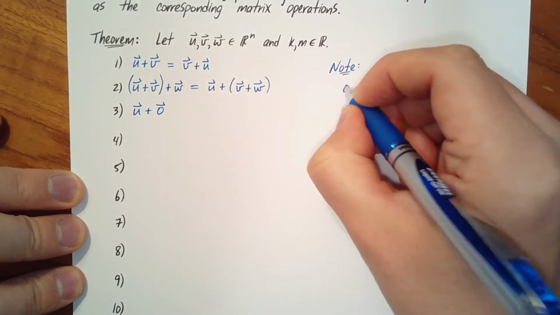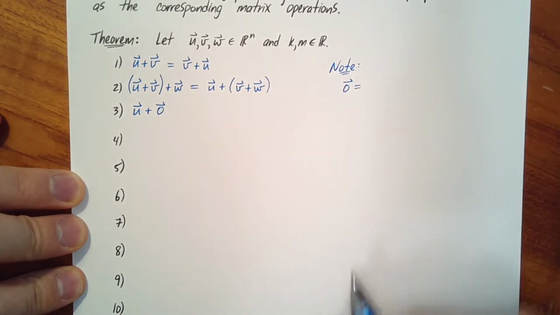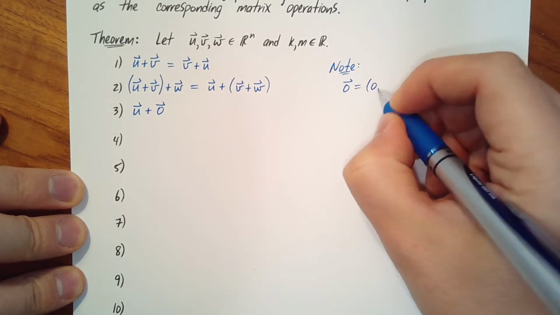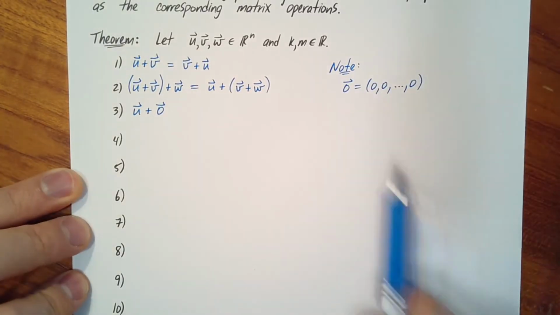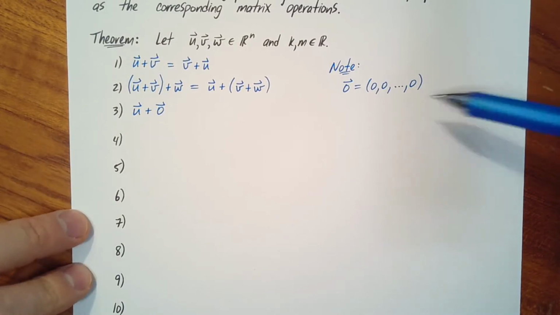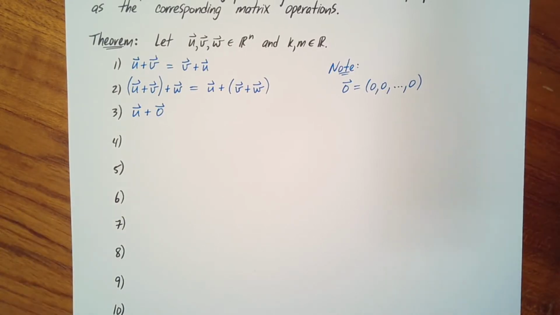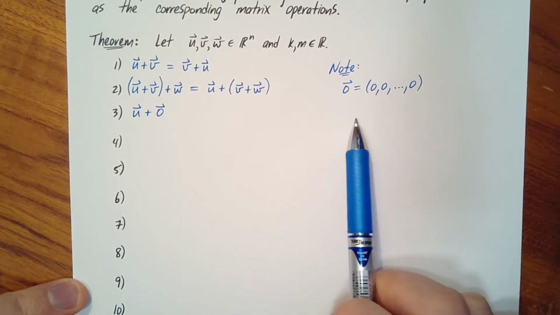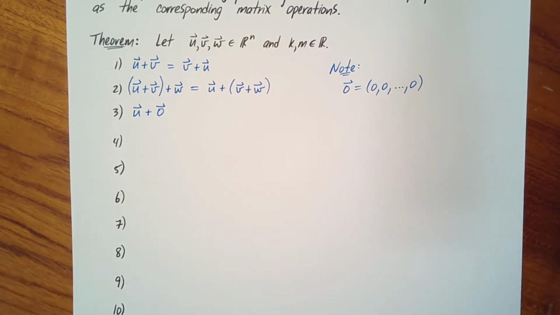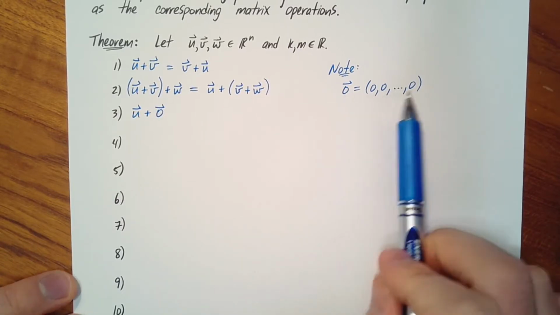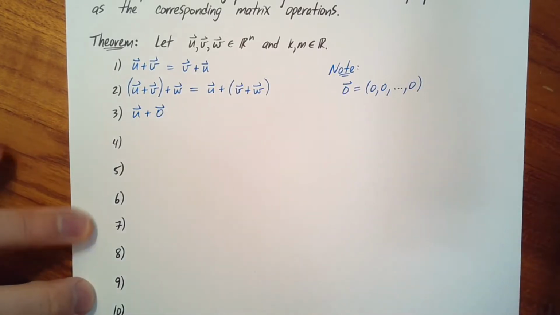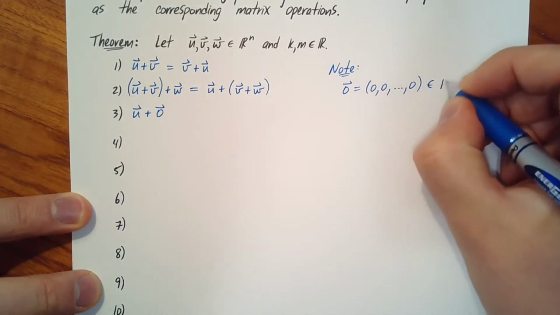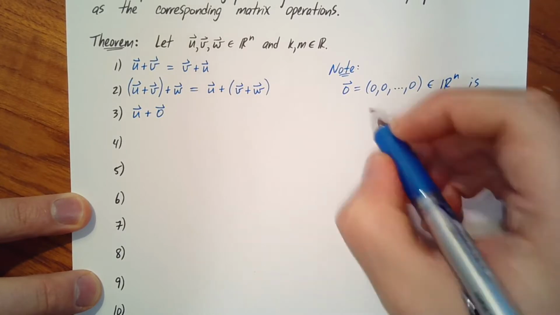The zero vector in Rn is just the vector with n coordinates, all of which are equal to 0. I could write it as a column matrix, and then it would be an n by 1 matrix where every entry is equal to 0. If I wrote it as a row matrix, it would be a 1 by n matrix, again with every entry equal to 0. But if I write it as a coordinate vector as I have here, then that's how I can represent the zero vector in Rn.